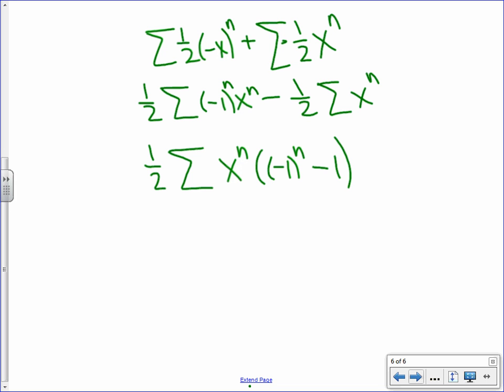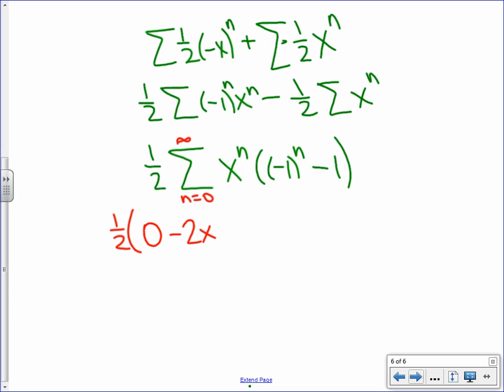Let's determine what this series is. We have 1/2 times... when we plug in 0, what do we get? Zero. When we plug in 1, negative 2x, right?